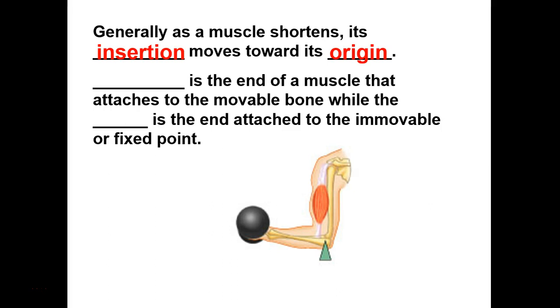And so when that muscle contracts, the insertion end is moving towards the origin end. So, the definition of those two words, insertion and origin: the insertion is the end of the muscle that attaches to the movable bone, while the origin is the end that attaches to the immovable or fixed point.